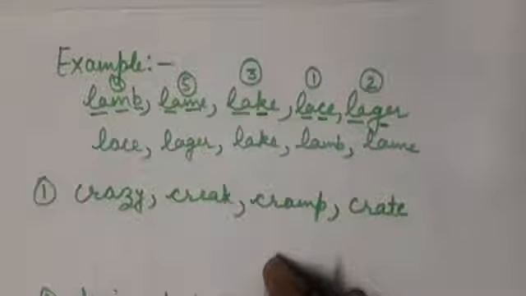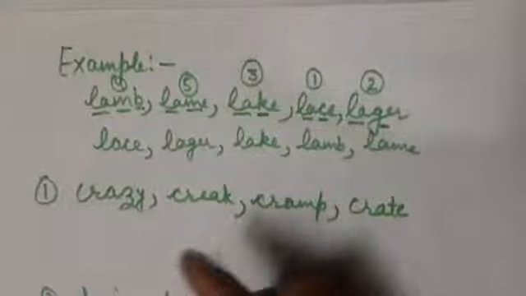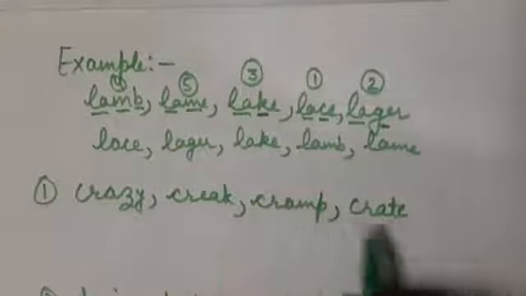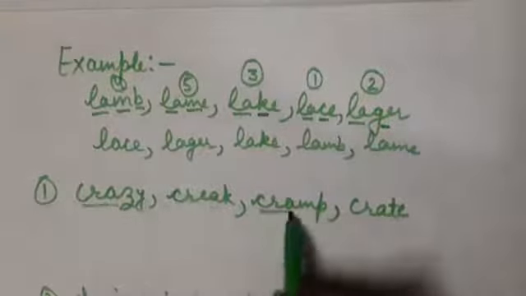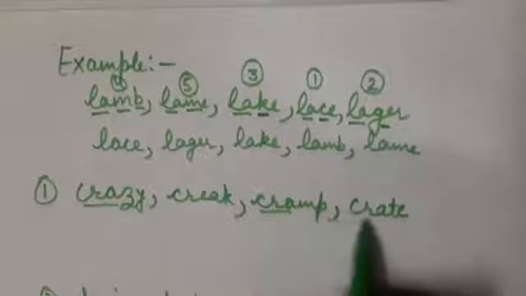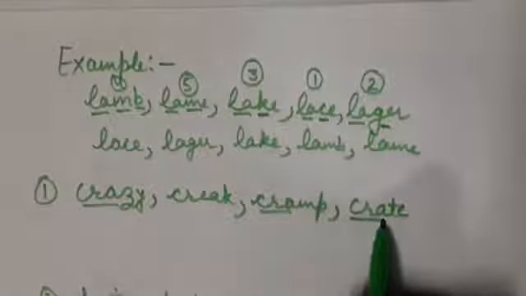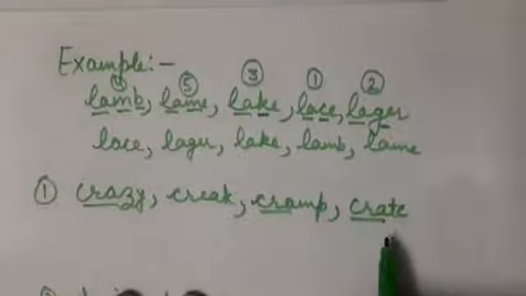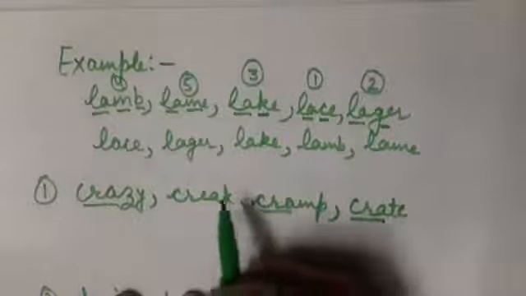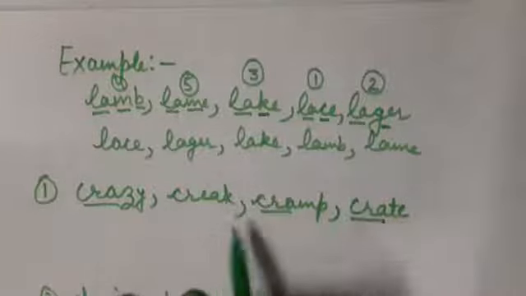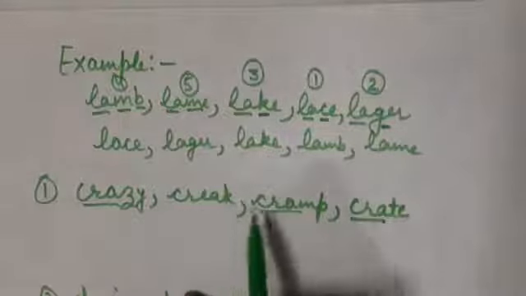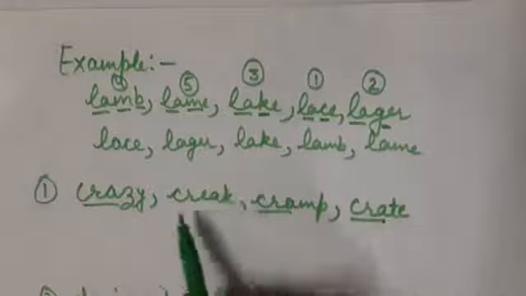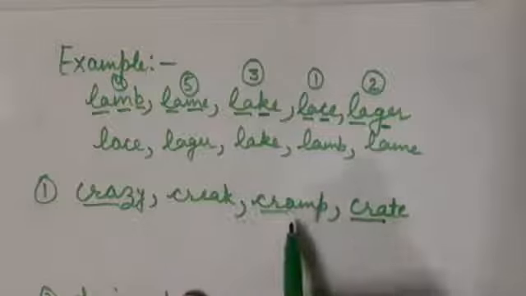Now let's take the next part. Crazy, creek, cramp, crate. We can see that in these four words CR is the same. So what we will do is check the third letter, that is A, A, E, A. Sorry, E we will take later, creek we will take later.